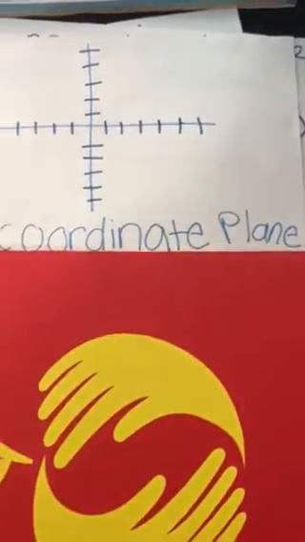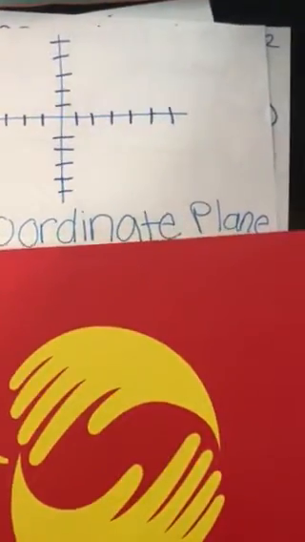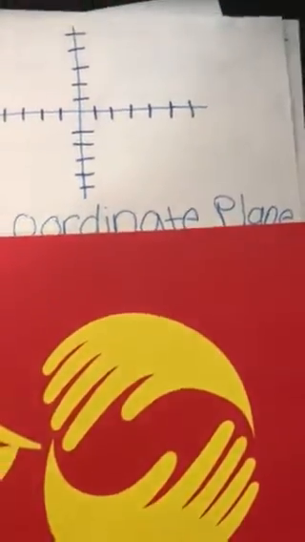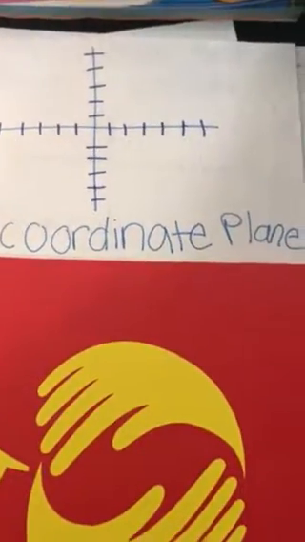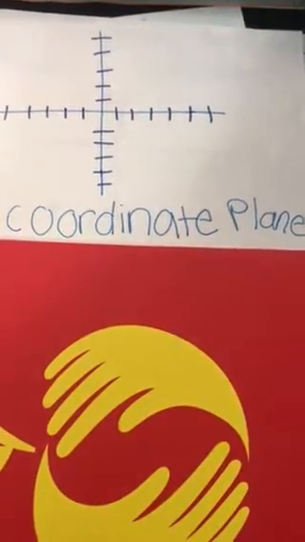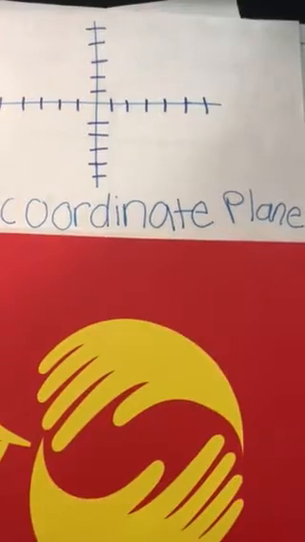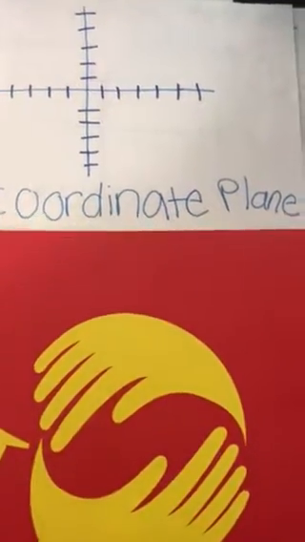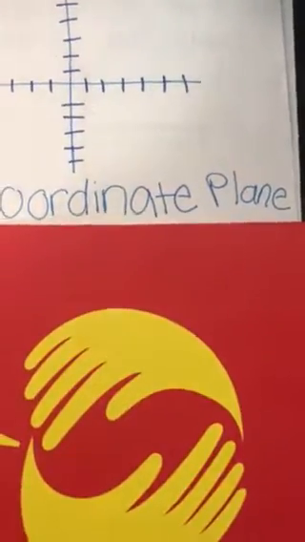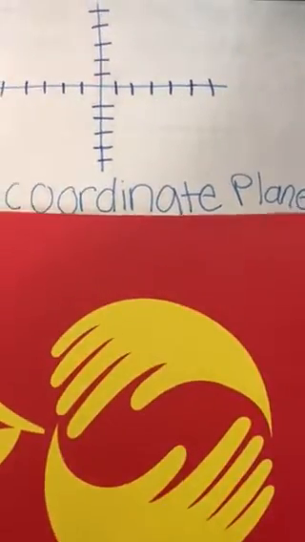Next, we're going to take a look at the coordinate plane. It is really important that we keep in mind everything that we have learned so far about the coordinate plane. We might have to think back and remember what this coordinate plane looks like and what comes along with the coordinate plane.